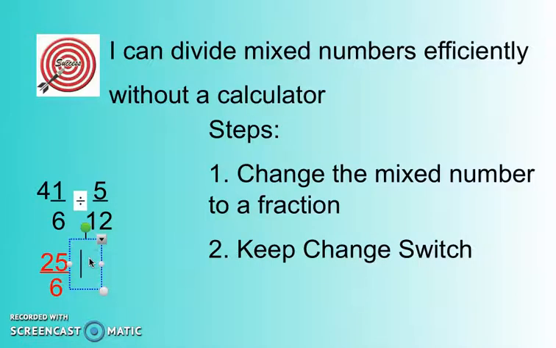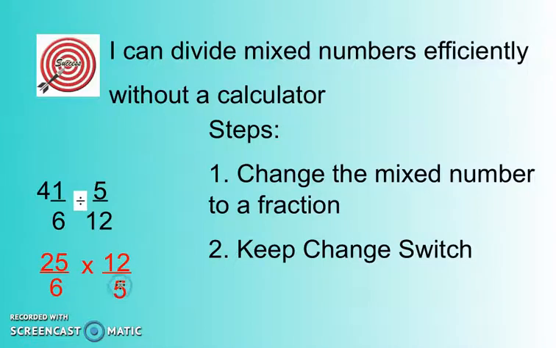Yes, I am changing the division to a multiplication symbol. And then what am I doing with 5/12? What does switch mean? Yeah, I'm changing it to its multiplicative inverse, which would be 12 over 5. And so now I have two fractions set up as a multiplication problem.